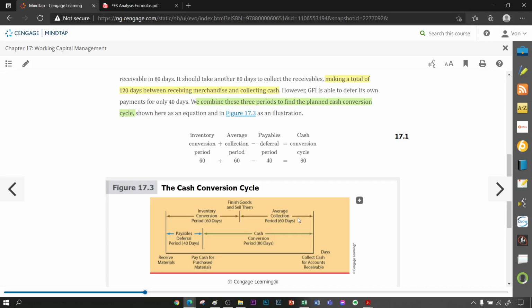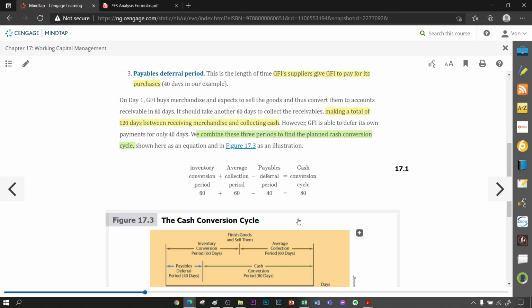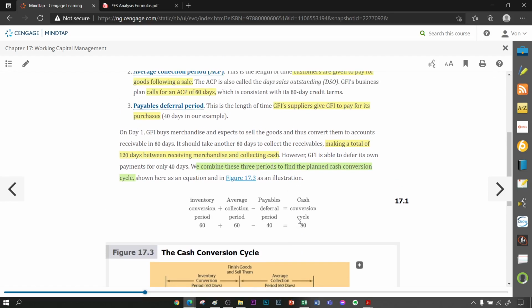Okay. So, ayan. Tapos, yung payables deferral period, saan mo nakita? Ayun, sa baba. Okay. So, tingnan muna natin tong paragraph dito sa baba ng payables deferral period. No? On day 1, GFI buys merchandise and expects to sell the goods and thus convert them to accounts receivable in 60 days.